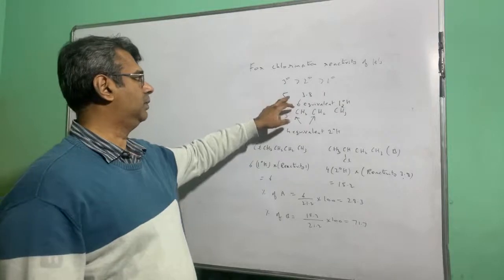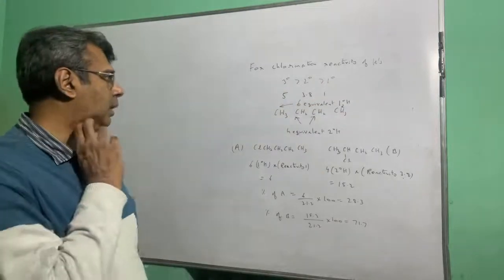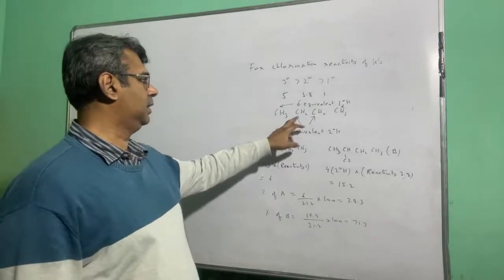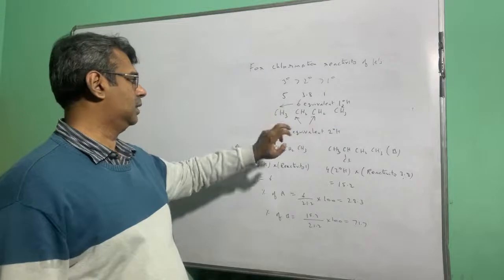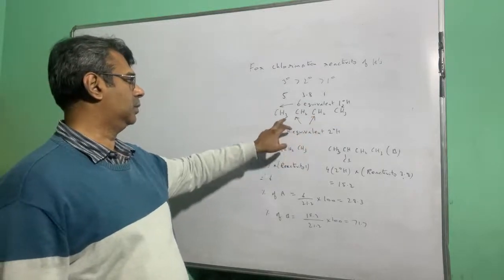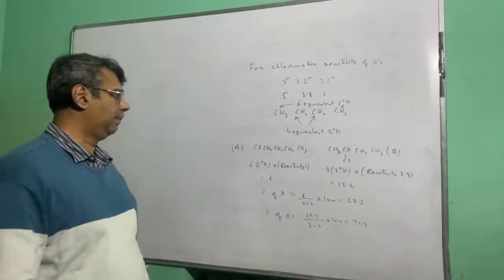Tertiary will be 5, secondary will be 3.8 and primary will be 1. The primary hydrogens: there are 6, 3 here, 3 here. The secondary hydrogens: there are 4, 2 here, 2 here.